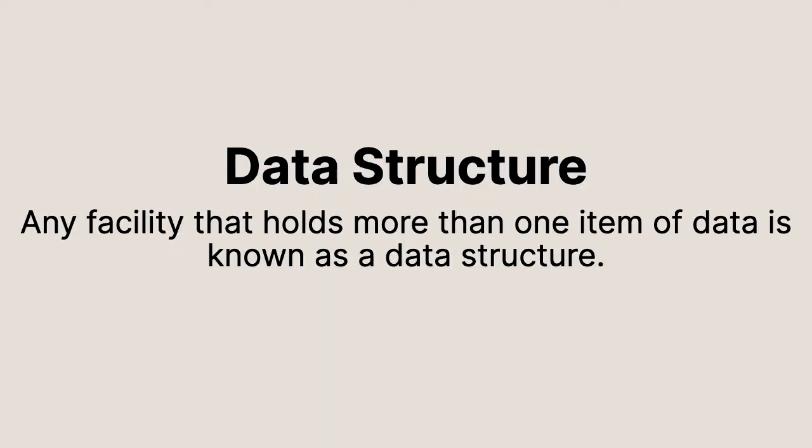So basically, an array is a block of memory which lets you contain multiple values and access each and every one of them. This structure that holds more than one thing has a name. Look at the definition. Data structure: any facility that holds more than one item of data is known as a data structure.